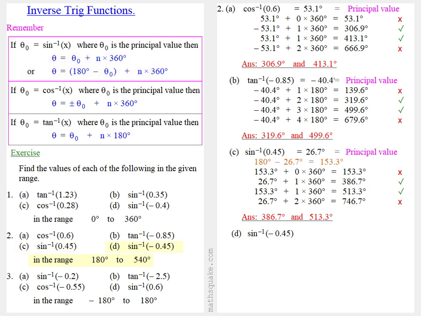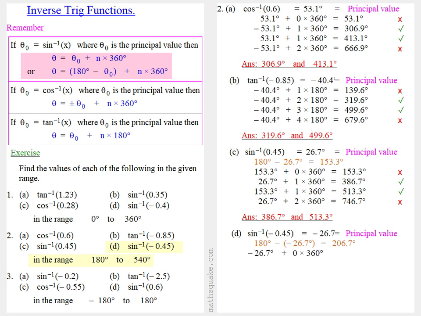Now in part D we want the inverse sine of minus 0.45, which when we do it on a calculator gives us minus 26.7 degrees. And that's the principal value. Now we also want the other value, 180 degrees minus the principal value, which is 180 take away minus 26.7 degrees, which is 206.7 degrees.